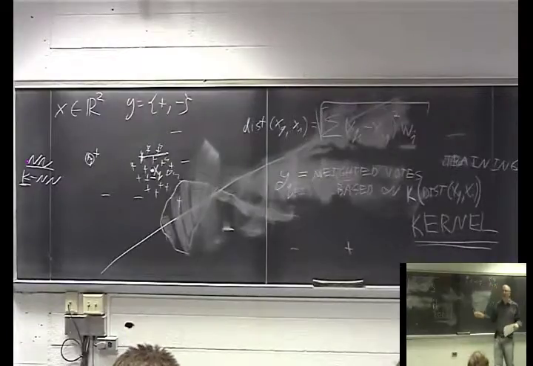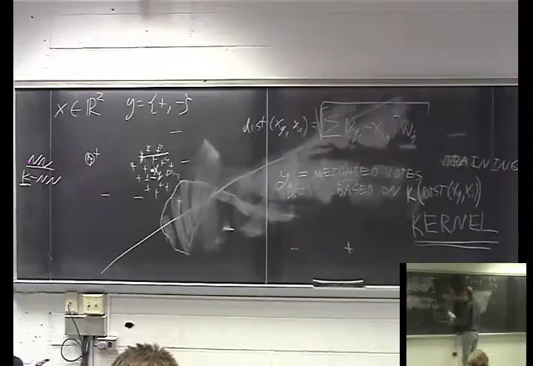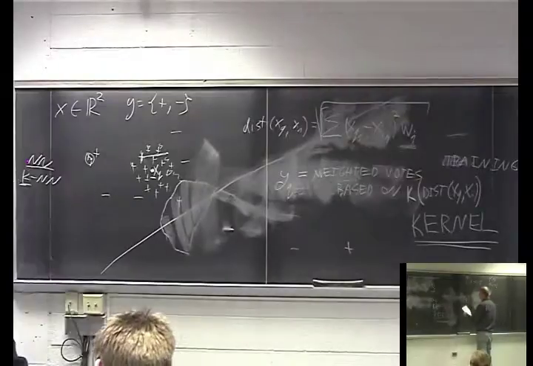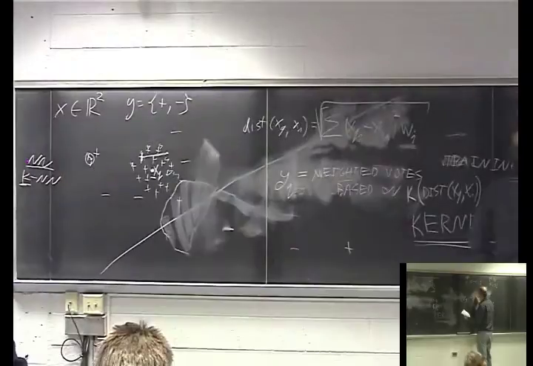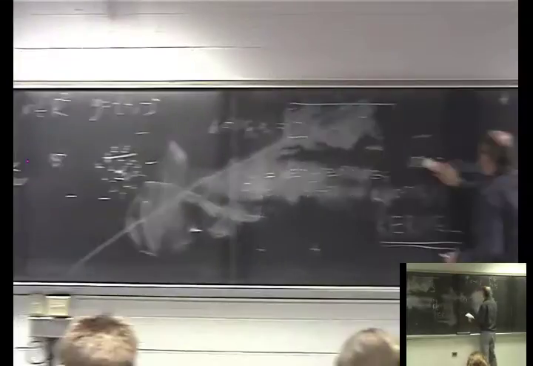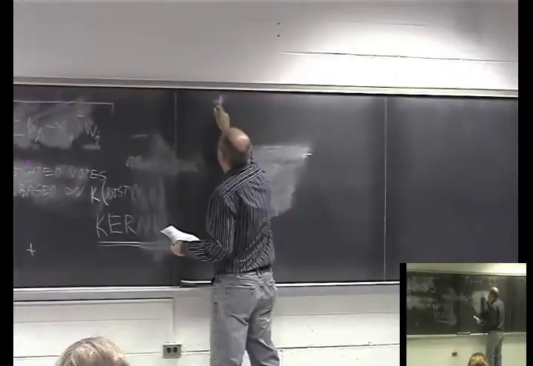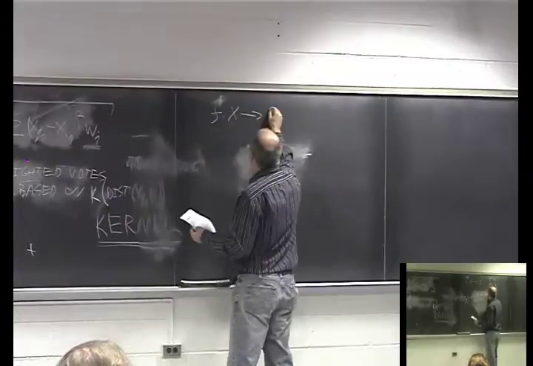And we just store them away in the tradition of nearest neighbor. And then we're trying to estimate the value of the function on a new data point, xq. And it would be the weighted average of the value of the function on each one of the xi's.